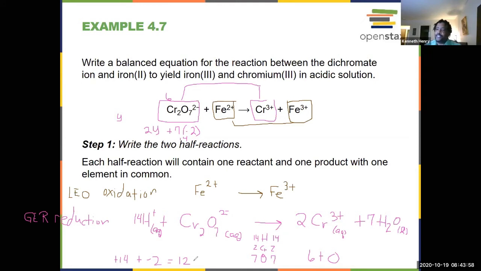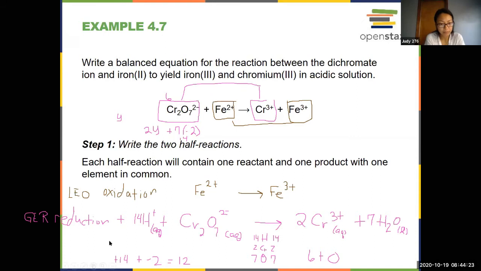I need to add electrons. Which side am I going to be adding electrons to? My reactants. Because it also makes sense. It's being reduced, right? Which means you're gaining electrons. So we're adding electrons to this reaction.